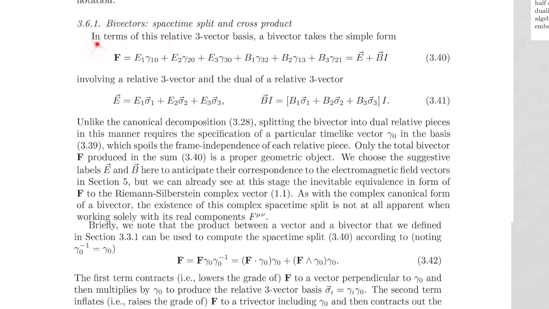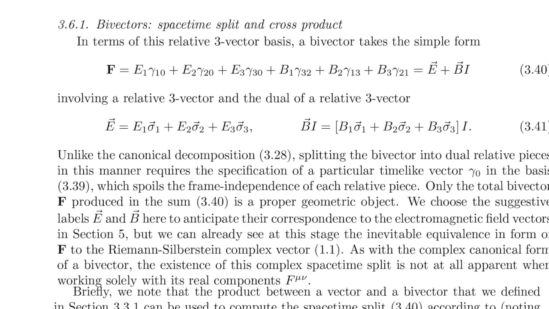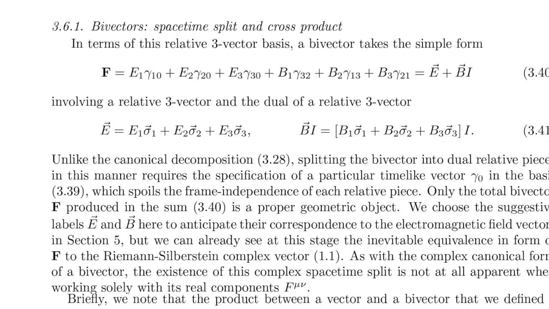In terms of this relative 3-vector basis, the bivector takes the simple form. So then they give us this form. They call it F. Your bivector is F. And you can see here that these first 3 parts of the basis are sigma 1, sigma 2 and sigma 3.